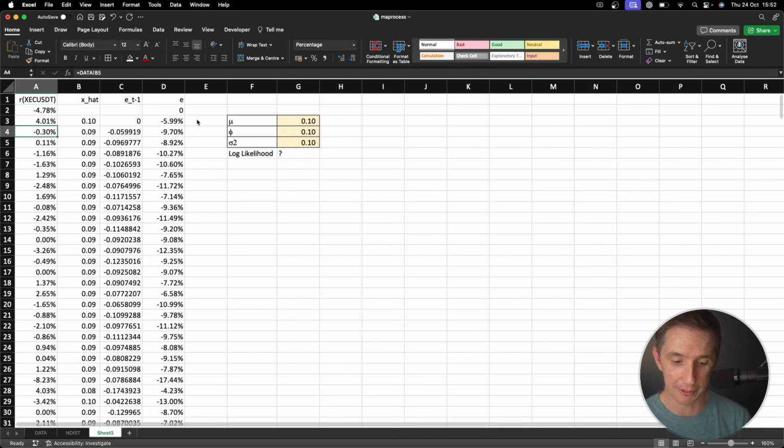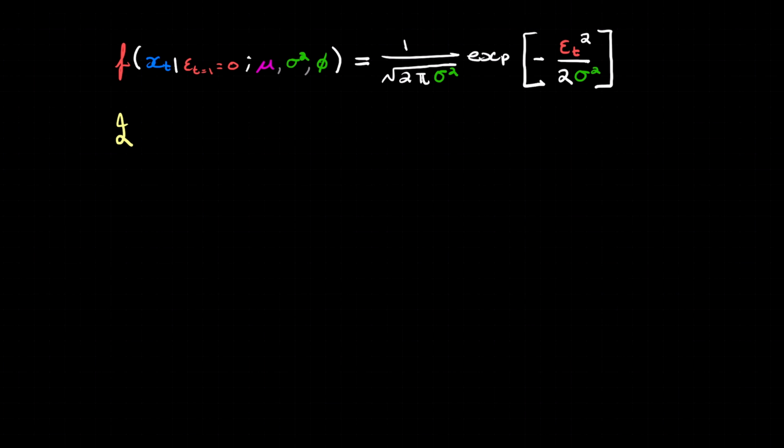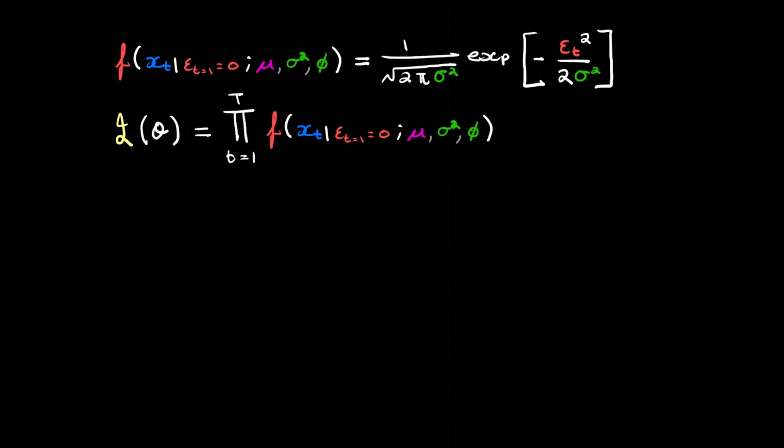Our likelihood function, which would be the likelihood with a bunch of parameters, is just going to be equal to big pi, so the iterative multiplication of this for each of our data points, starting from t equals 1 all the way up to big T, for every single x sub t. And remember, we didn't actually want to work with multiplication. We wanted to work with sum and sigma.